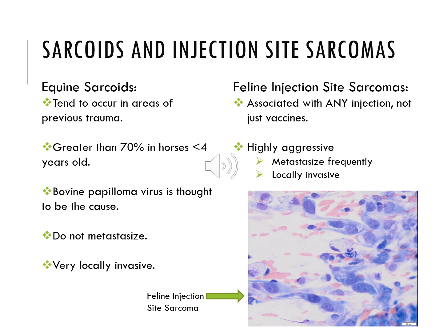And then when we discuss the feline injection site sarcomas, it's not just associated with vaccines anymore. They can be associated with any injection, so a vaccine or a treatment of some kind, anything that they get an injection for can cause this, and that's why we recommend to give the injections on the lower part of the back limb now.